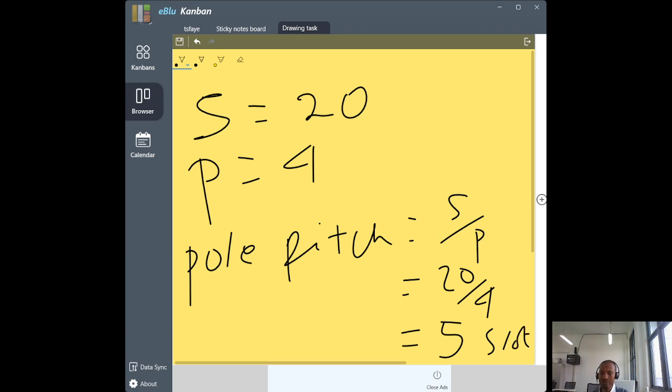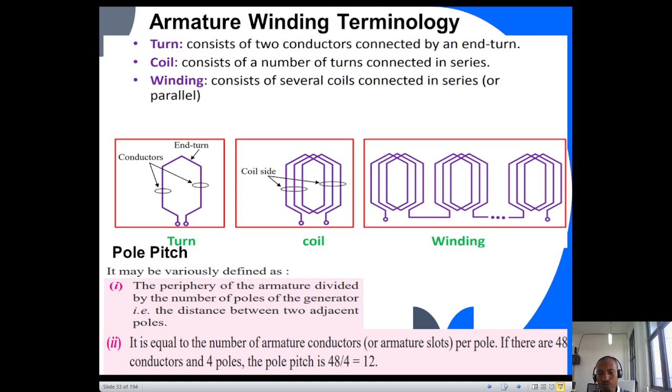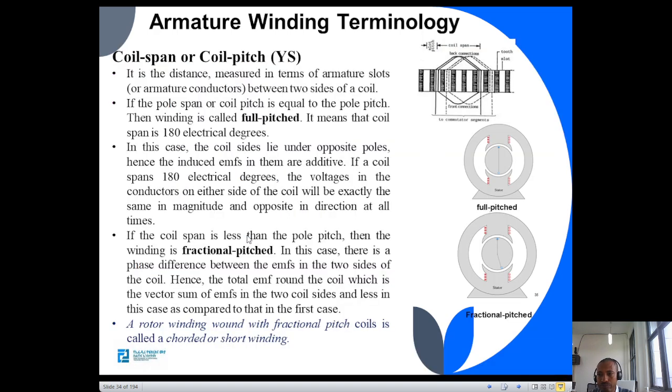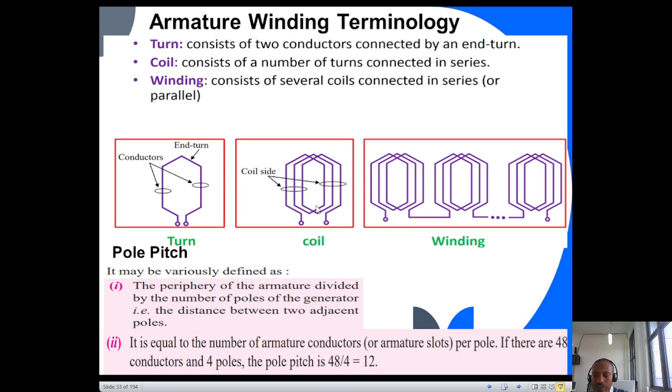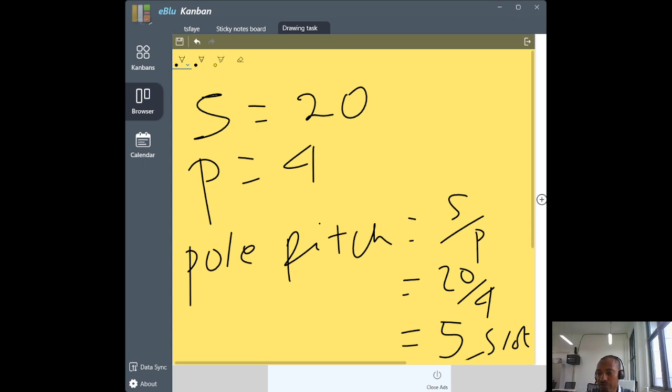What does it mean now? Inside the slots of my machine, if I place this coil side in slot number 1, the next side of the coil will come after 5 slots.